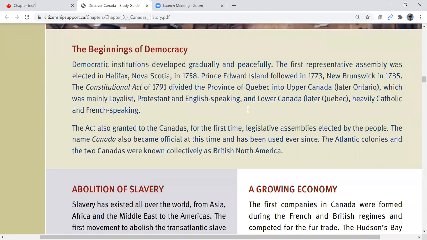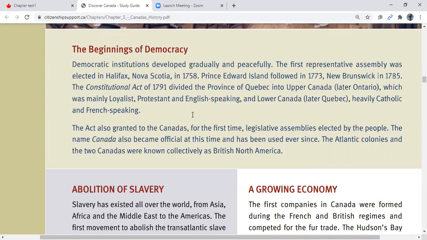And then all of them together, the Atlantic colonies and the two Canadas, were known as British North America. That's why this is an important thing they did in 1791, because they did many things that make Canada what it is today.